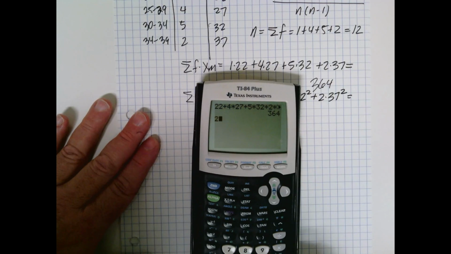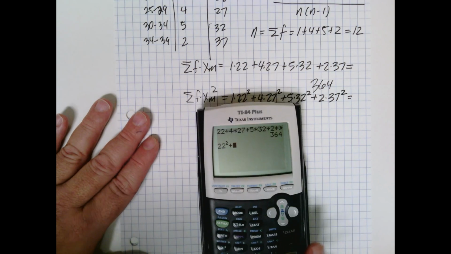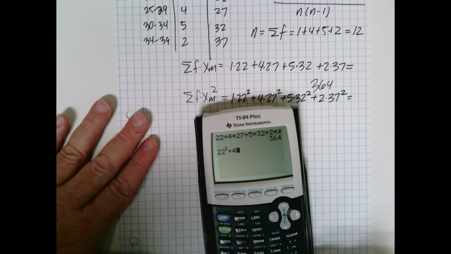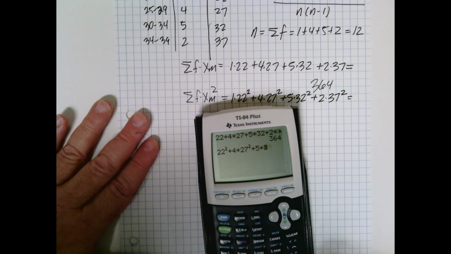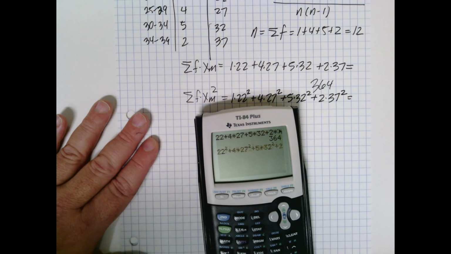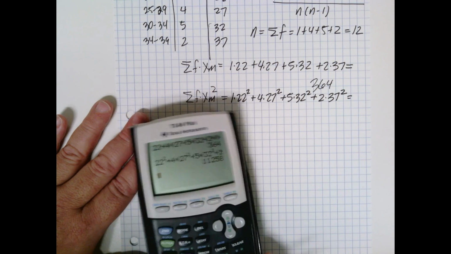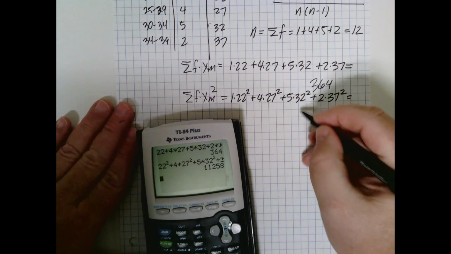So we get 22 squared plus 4 times 27 squared plus 5 times 32 squared plus 2 times 37 squared, and we get 11,258.